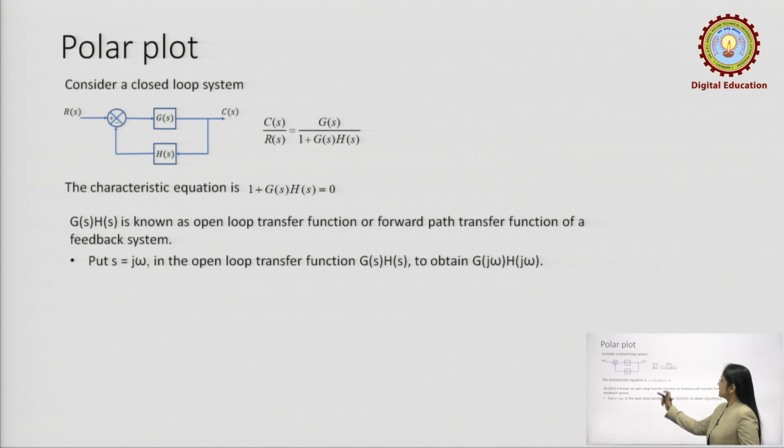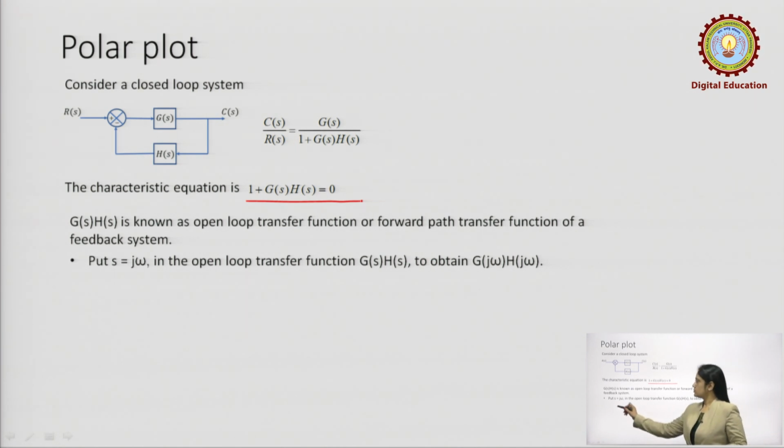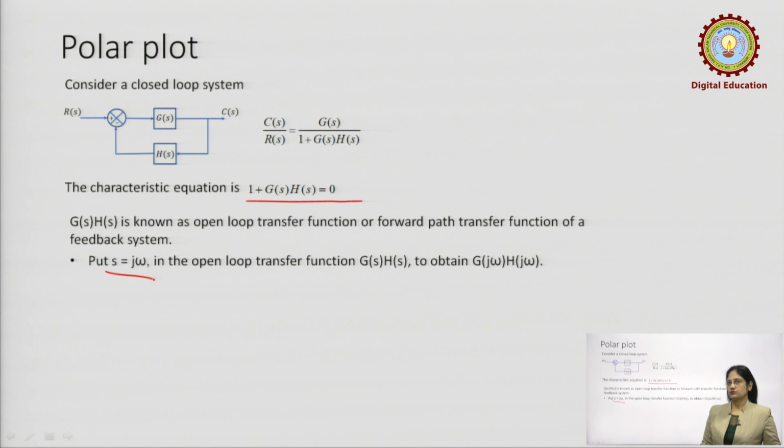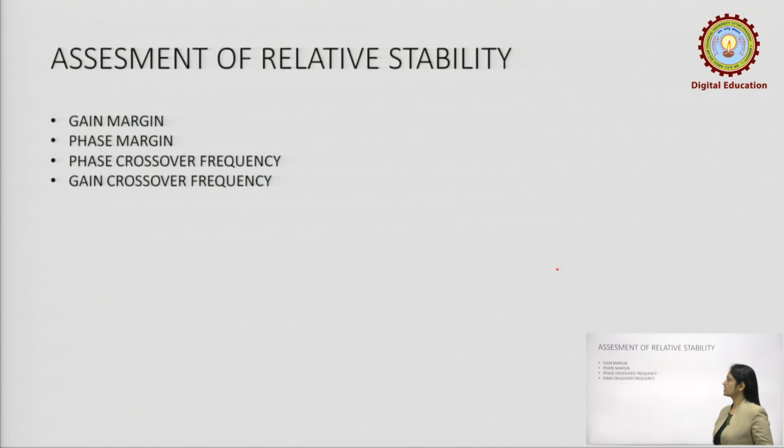Just a recap: a closed loop system is C(s)/R(s) = G(s)/(1 + G(s)H(s)), and the characteristic equation is 1 + G(s)H(s). Put s = j omega in the open loop transfer function of this feedback system and we get G(j omega)H(j omega).